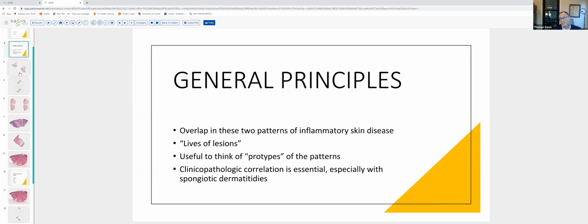Now, obviously, there's considerable overlap in these two patterns of inflammatory skin disease. And I think that overlap is best understood in the context of the concept of lives of lesions. This was a concept that was written about extensively, popularized and expanded upon by doctors Bernie Ackerman and Anna Ragaz.